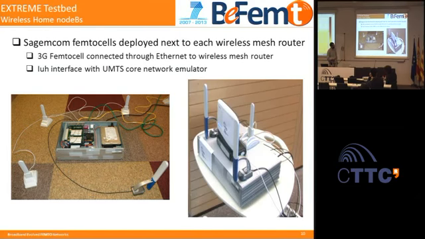And what we did is, globally, these two things: this is a small form factor PC where we have the routing protocol, and we connect this femtocell through an Ethernet cable to this wireless mesh router, so that all the traffic coming from this commercial femtocell, we don't have access to the internals of the code of all that, so that's why we had to do this.